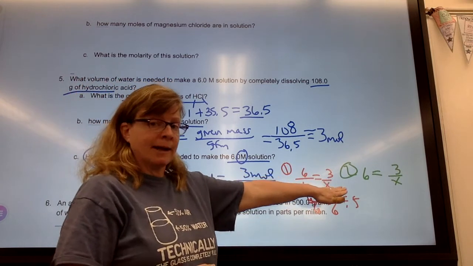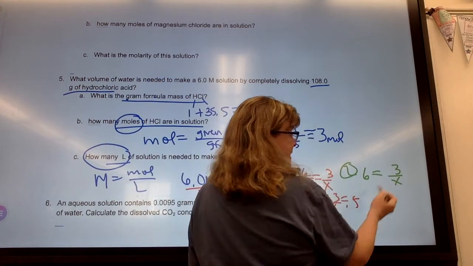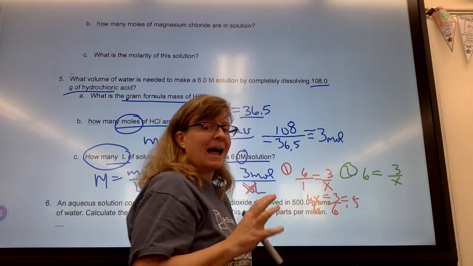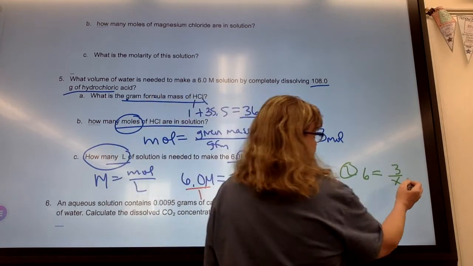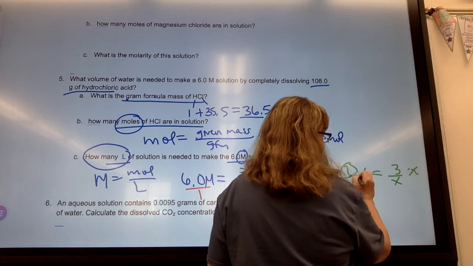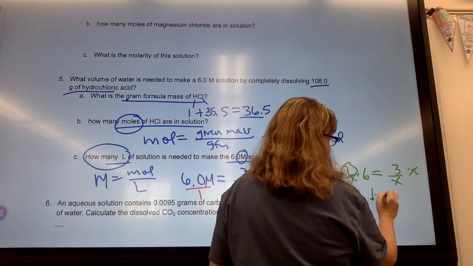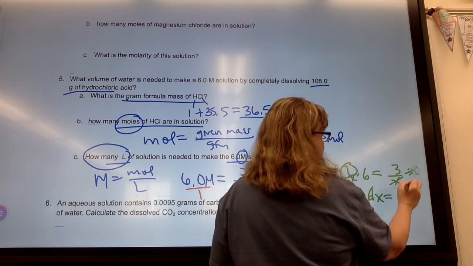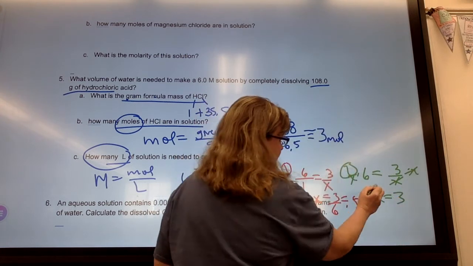Okay. Now let's look at algebra. I need to solve for x. I can do a lot of fancy work, so I can go through the steps. I can multiply both sides by x. Now I get 6x equals, that cancels the 3.